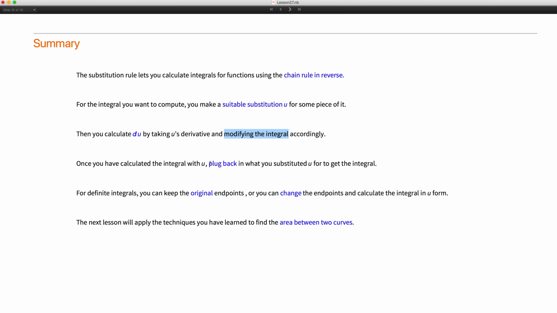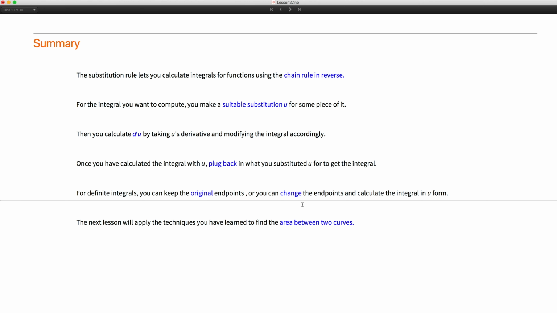Then you plug back the expression for u after integrating, and you get back the result. But of course, if you're working with definite integrals, you could either work with the original endpoints and x, or change the endpoints and work with u. So that's the essence of this rule.